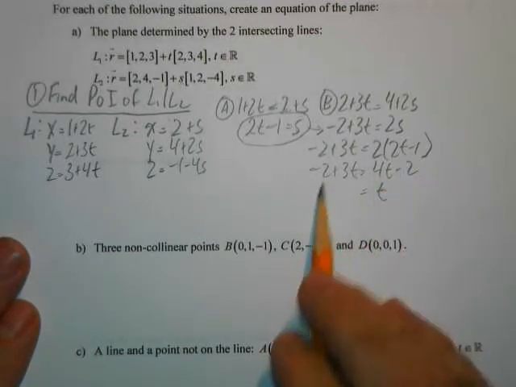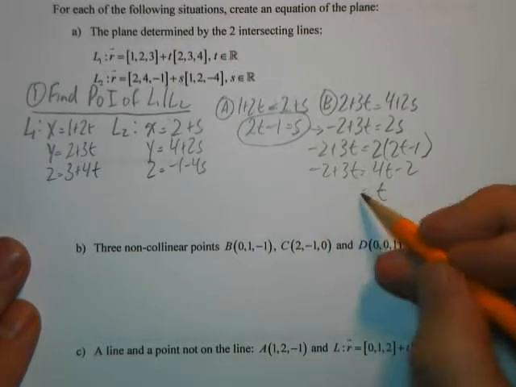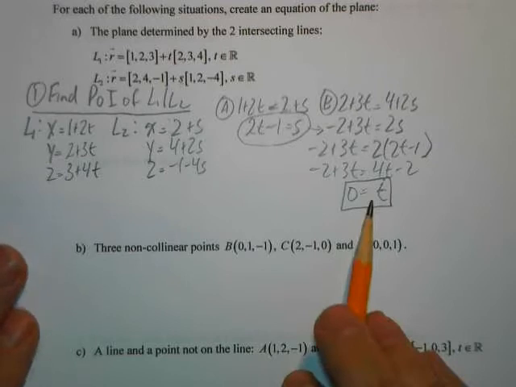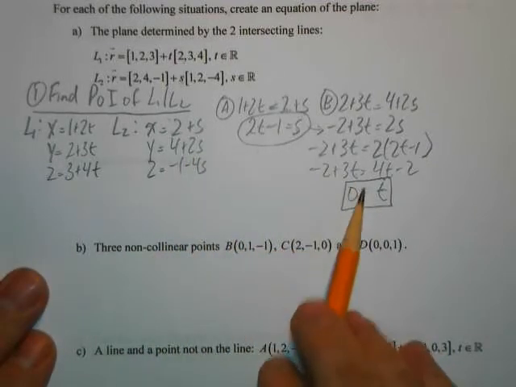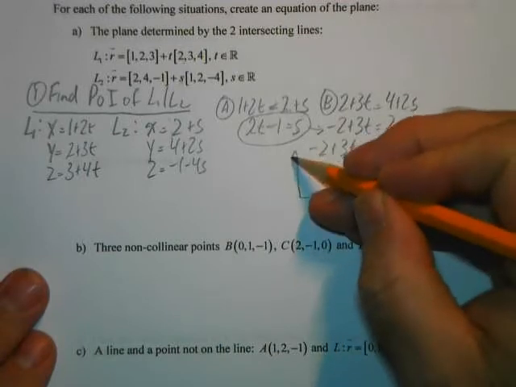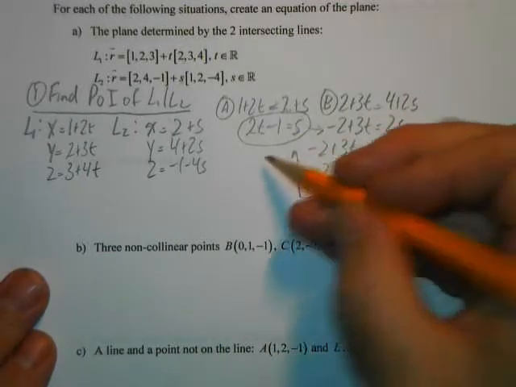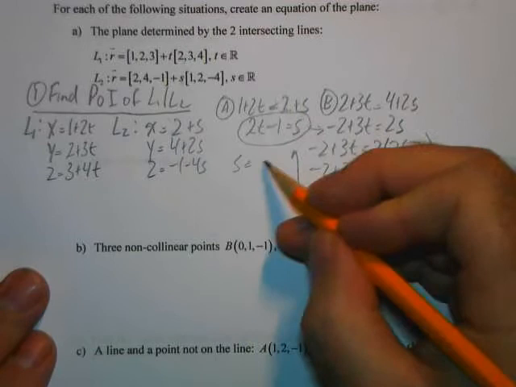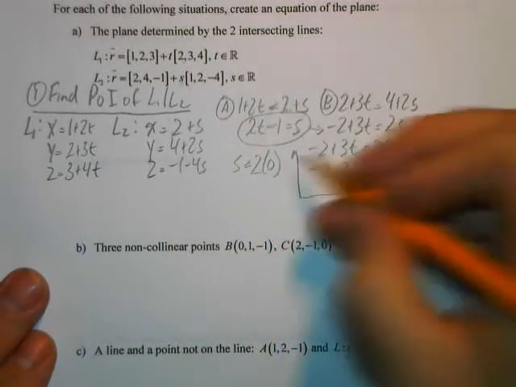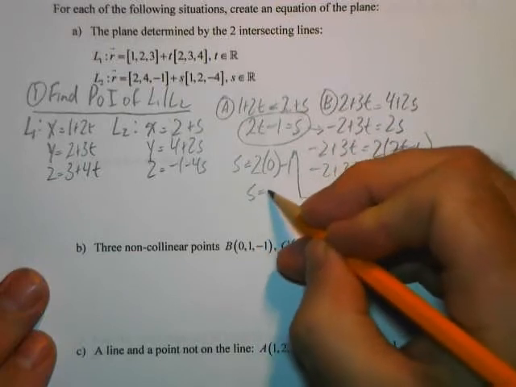And if I add 2 to both sides, I get a 0 over here. So if I'm solving this linear system so far, I know that t equals 0. And now I'm going to use this here. So s is going to be equal to 2 times t, which we know is 0, minus 1. So s is equal to minus 1.